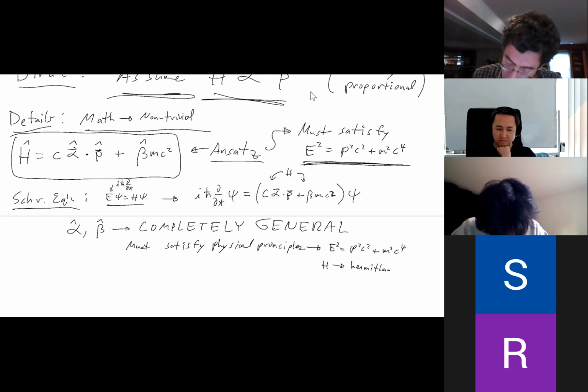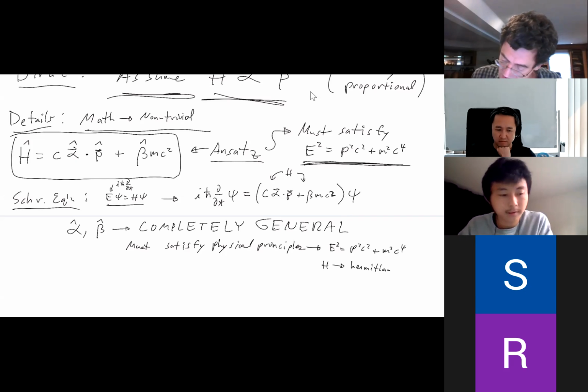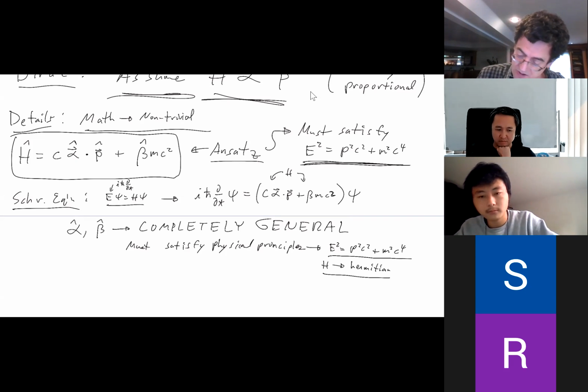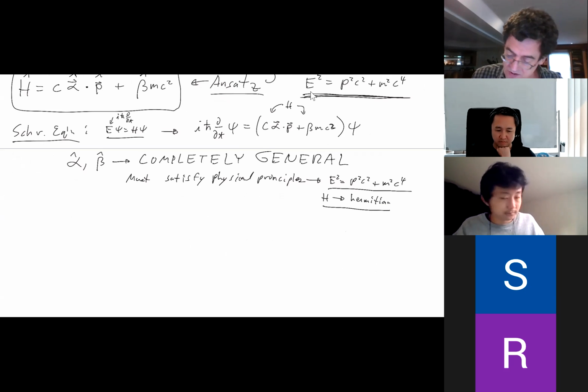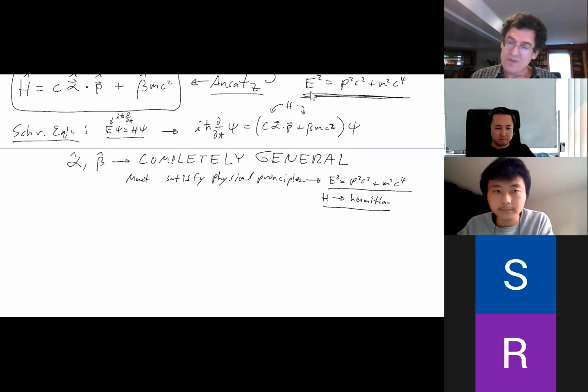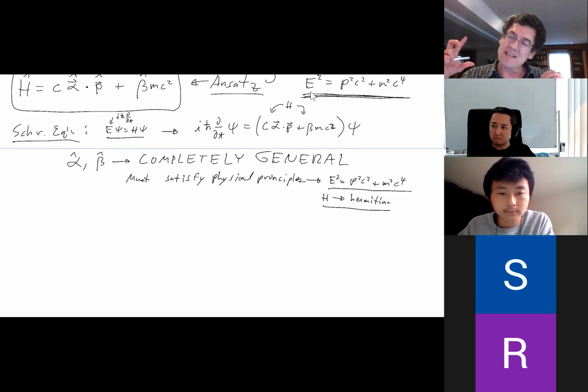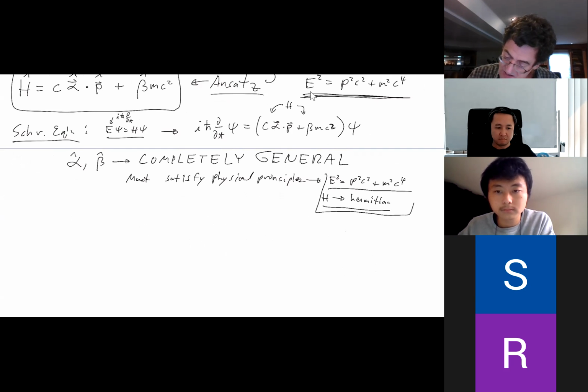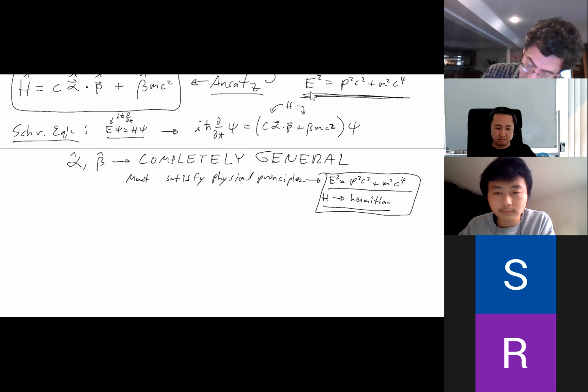So these are the only physical principles that he kept: that the Hamiltonian is Hermitian, and E squared equals P squared C squared plus M squared C to the fourth. Okay, so now the idea is, let's take these two physical principles and see what the consequences are.